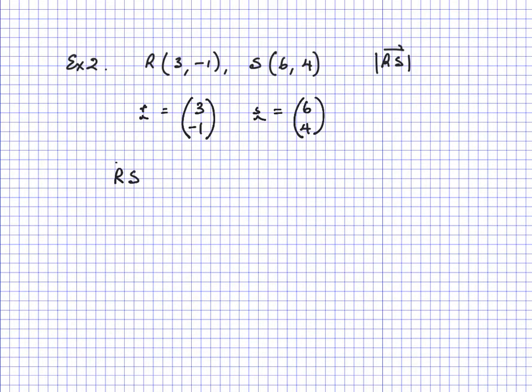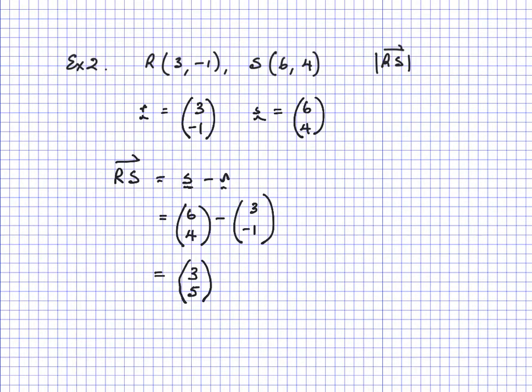The vector rs is found by subtracting r from s. So it's (6, 4) minus (3, -1), and that gives us 6 take away 3 is 3, and 4 minus minus 1 is 5.